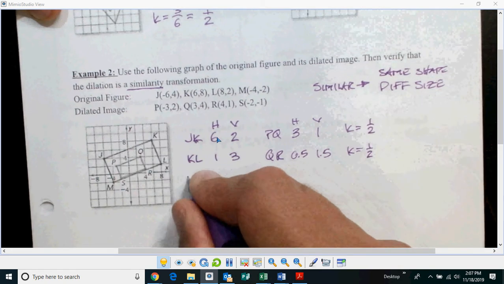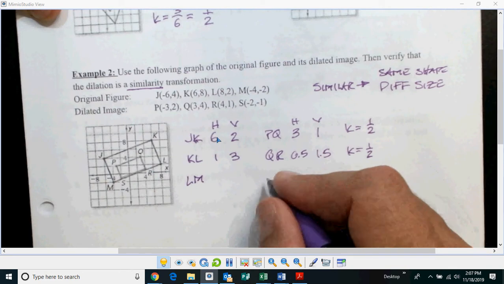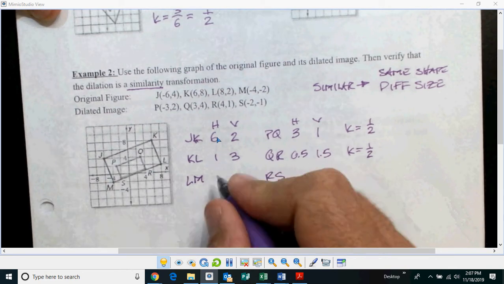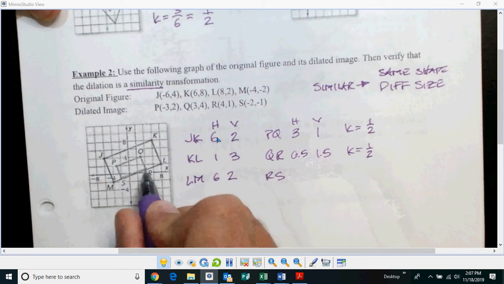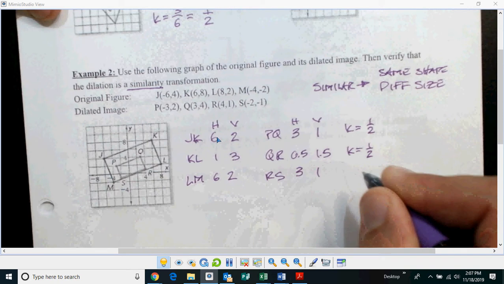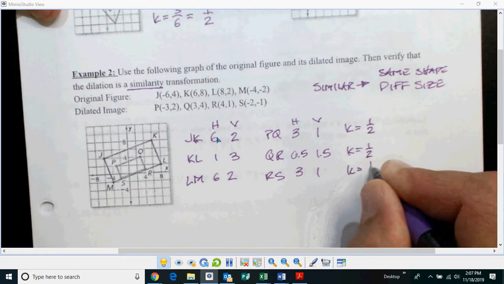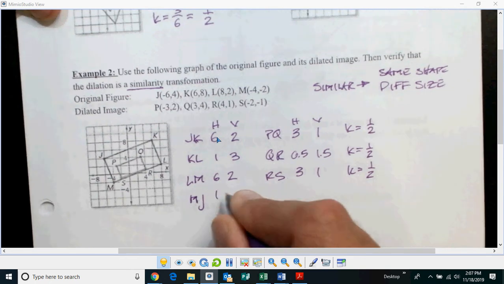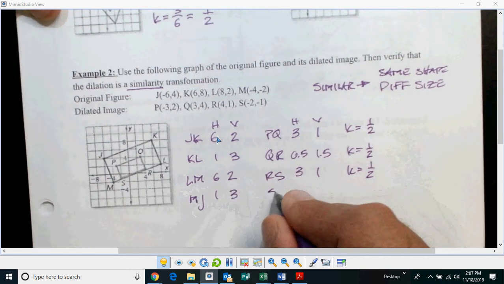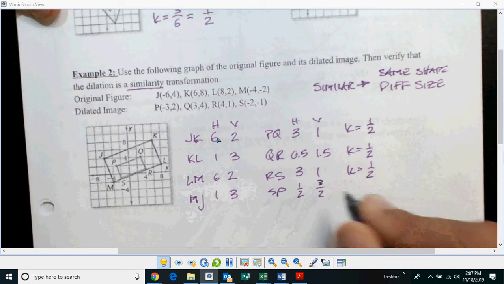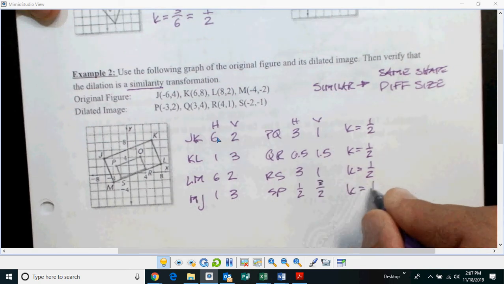And then I'm going to do LM and RS. LM goes down 2 over 6, so that's 6 and 2. And RS goes down 1 over 3. So again, that's 3 and 1. What's that, K? 1/2. And then finally back to the beginning, MJ is 1 and 3, and SP is 1/2 and 3/2. So that K is also 1/2.